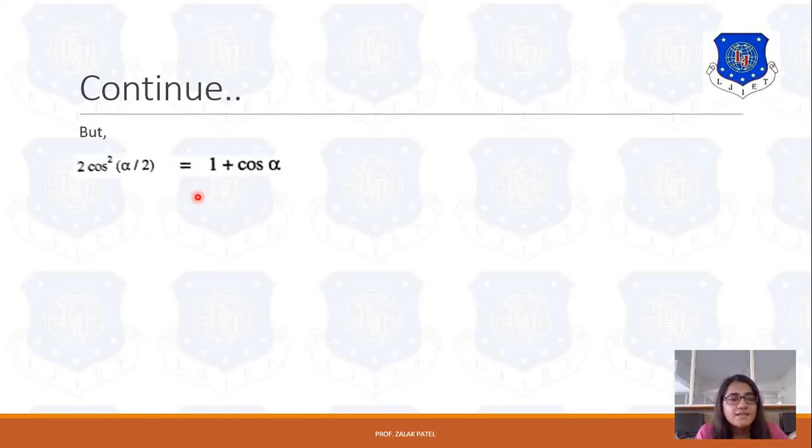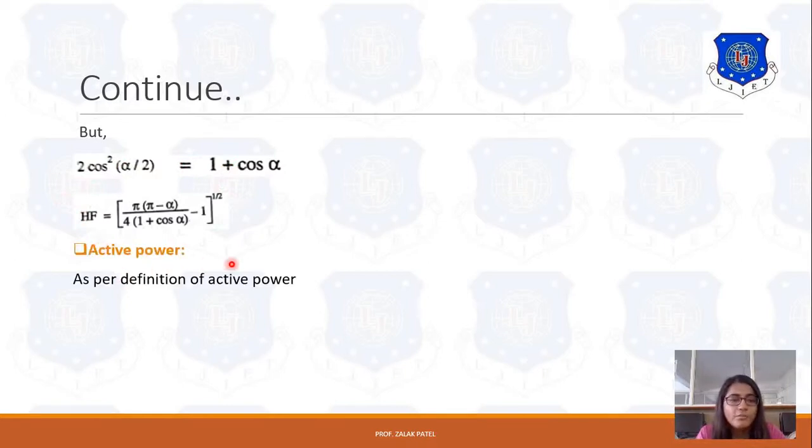So the last equation of the previous slide can now be written as HF is equal to pi into pi minus alpha upon 4 into 1 plus cos alpha, minus 1, raised to 1 by 2. This is the harmonic factor of the semiconductor.